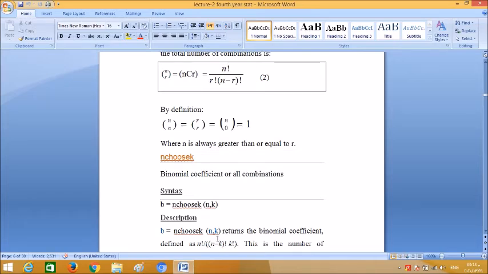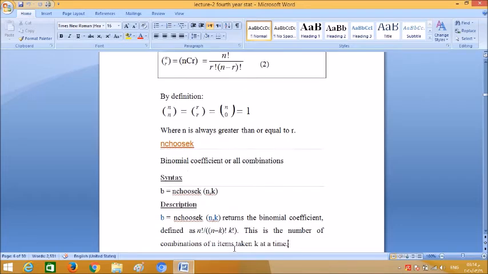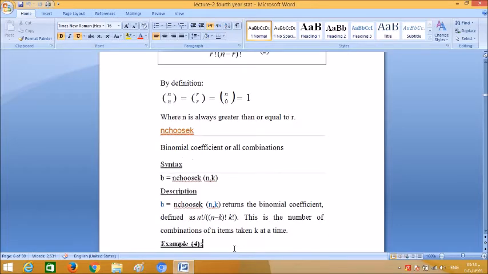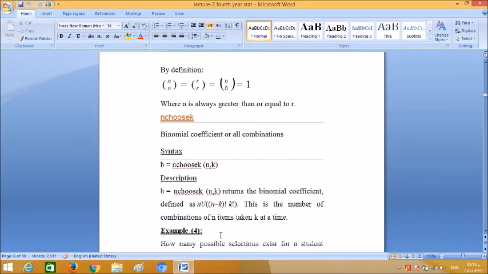Here we use K instead of R, so the combination is N factorial divided by N minus K factorial multiplied by K factorial. This is the number of combinations of n items taken k at a time. This means that choose or select k from n where n equal to or greater than k. Example 4.